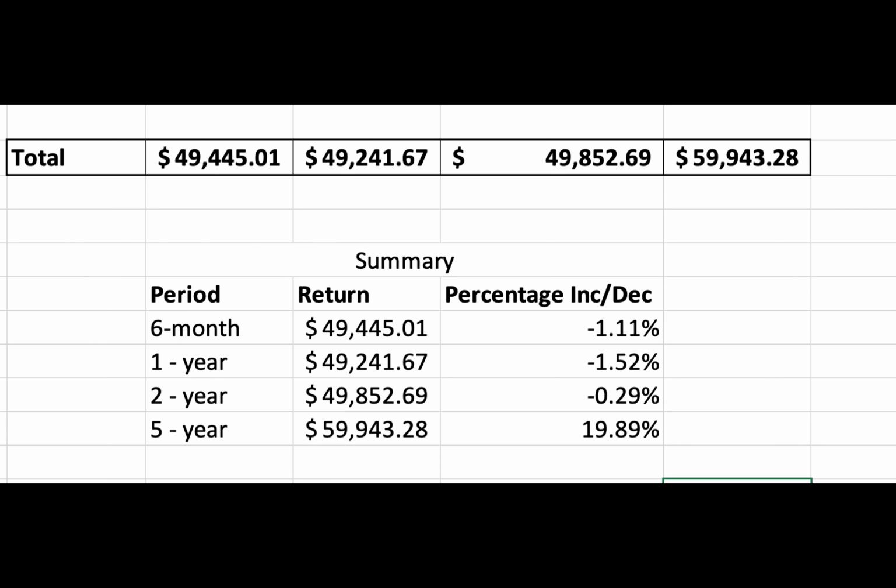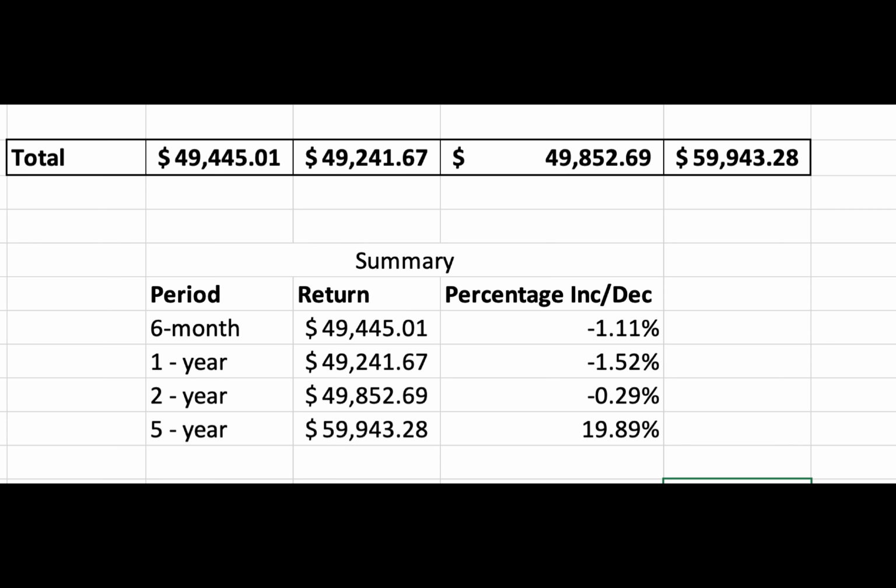So this is probably one of the riskiest portfolios we're going to entertain, simply because it is an equal portfolio, and the market changes all the time.